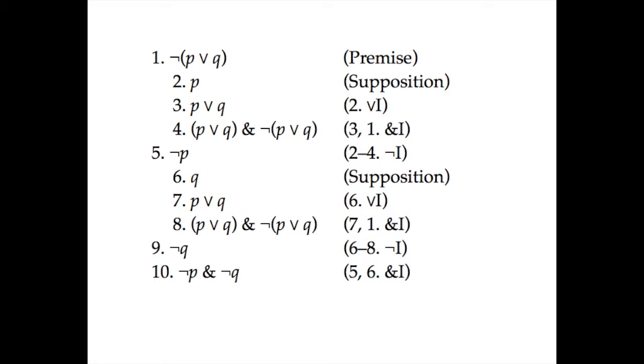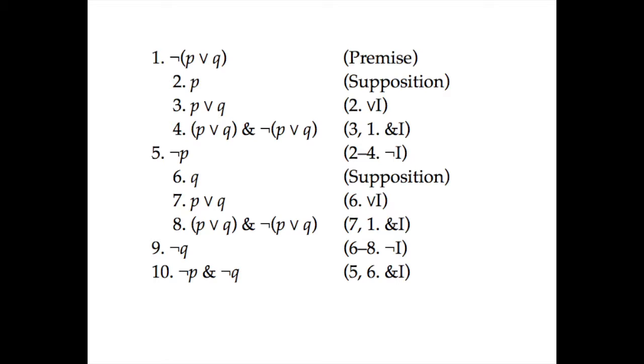All right, so on line number 2 of this proof, I'm going to suppose P. And I'm just going to try to prove a contradiction. Okay, so on line 3, I write down P or Q. That comes from line 2. It's my or introduction rule. And then line 3 and line 1 contradict each other, right?